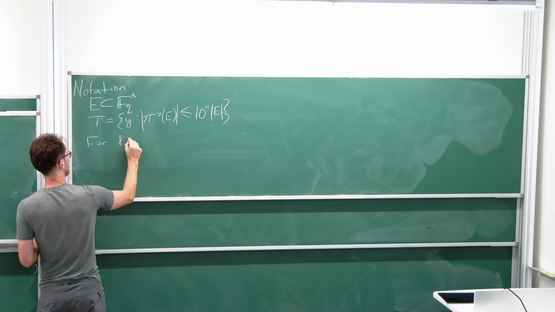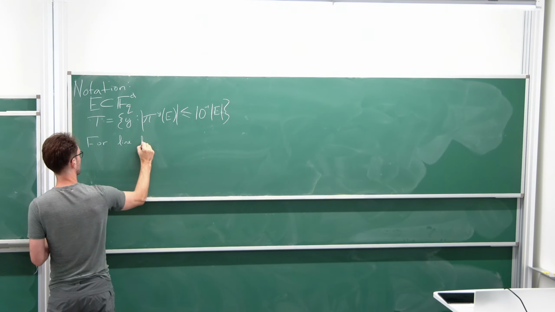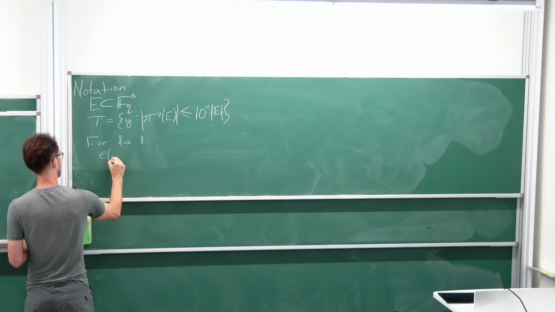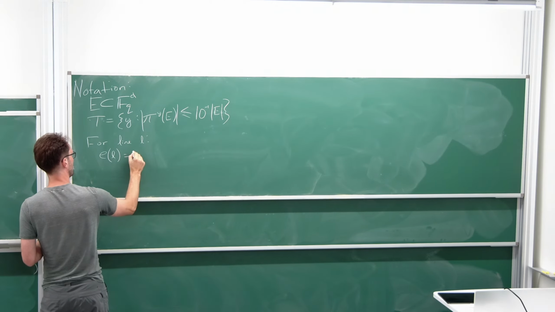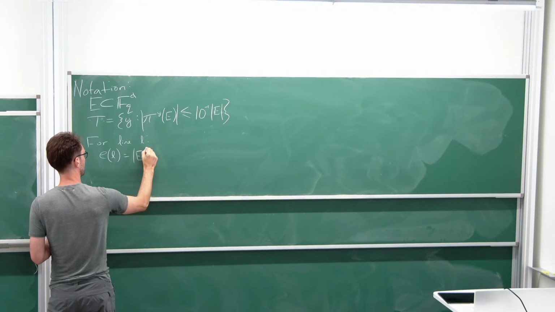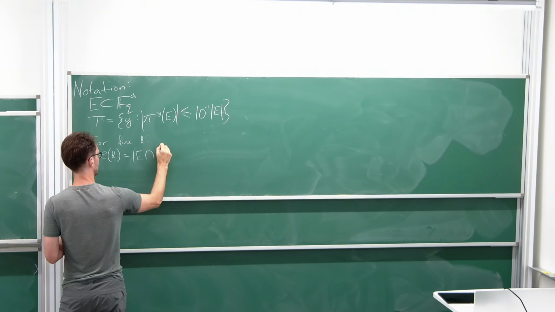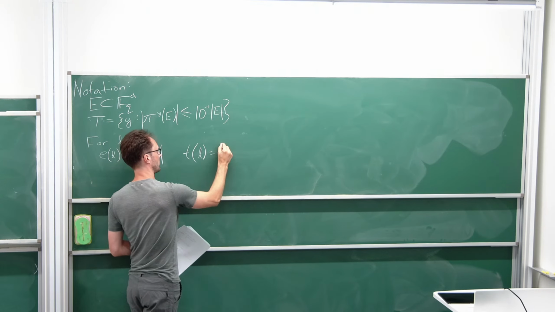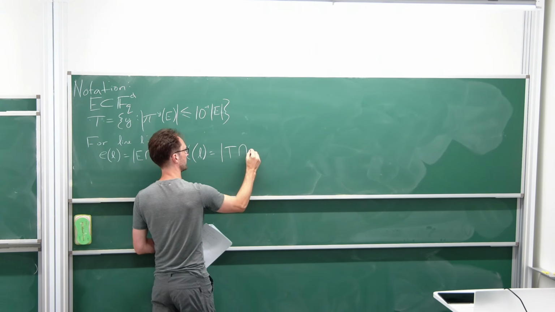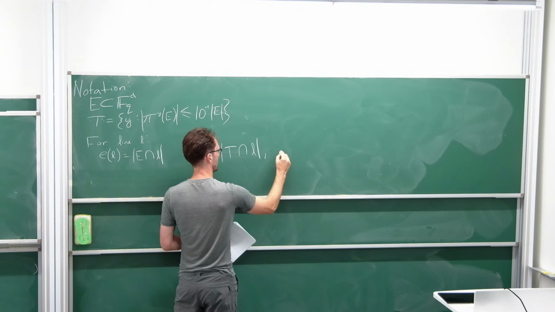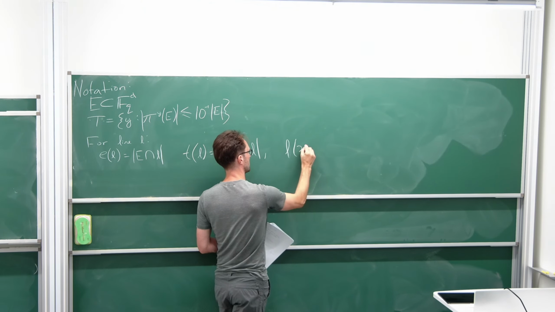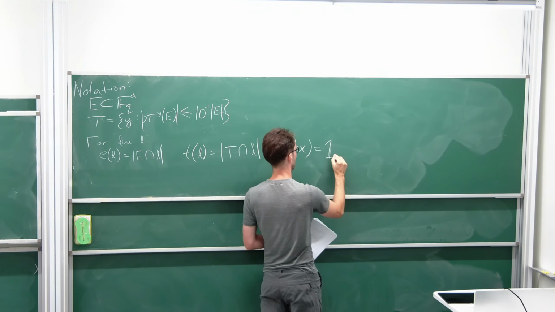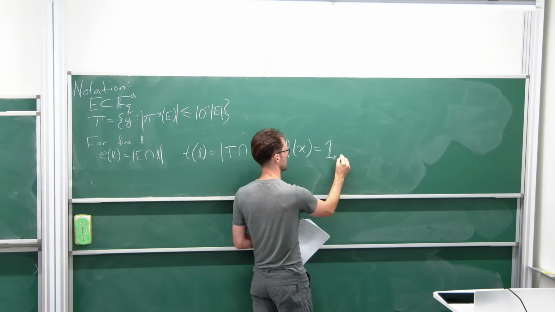For some line L, I'm going to use E of L to denote the number of points of E on L, T of L to denote the number of points of T on L, and L of X is the notation I use for the indicator function that the point X is contained in L.